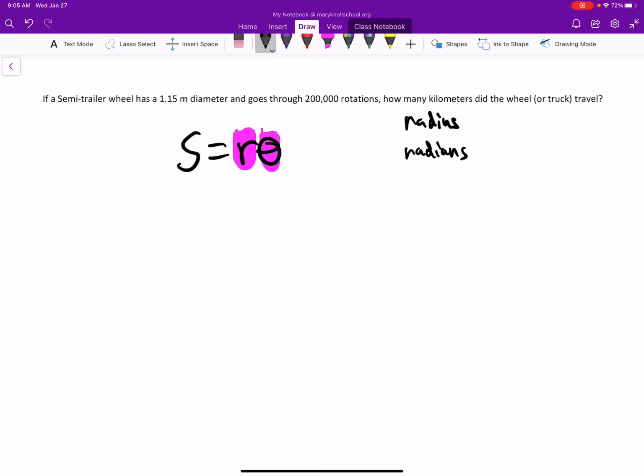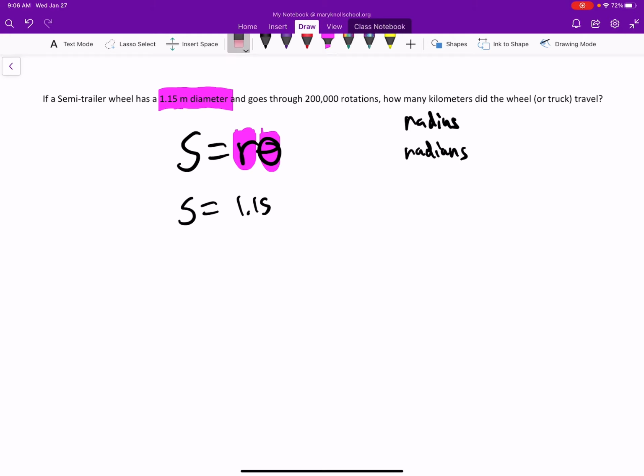Okay, let's get to work. So S, that's the distance the edge of the circle traveled, or how far the wheel went, or how far the truck went. It's all the same thing. R is radius. So I'm just going to go ahead and put down 1.15. Is that true? No, right? Because this is the diameter.